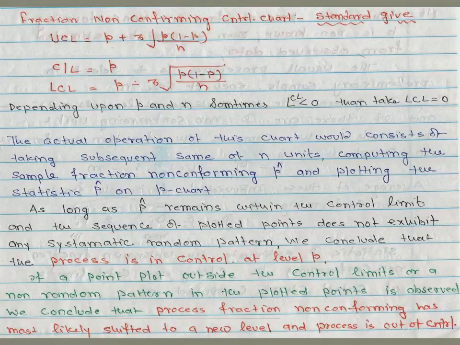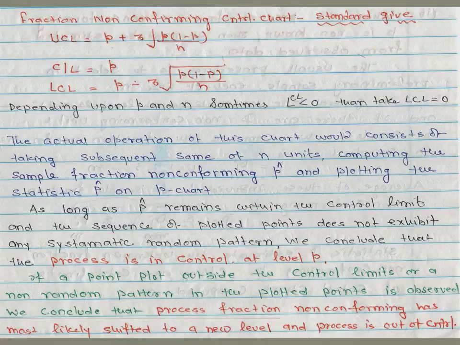As long as the points remain within the control limits and the sequence of plotted points does not exhibit any systematic or non-random patterns, we conclude that the process is in control at level P. That means whatever the non-conformities, before drawing the control charts, we assume that if the non-conformities are up to this number, then we can say that the process is in control.